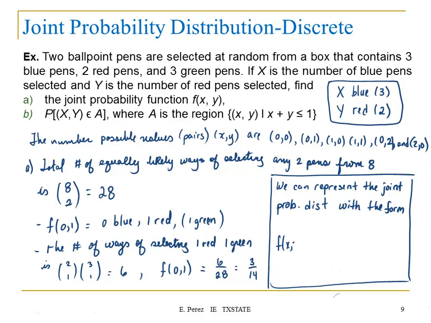F of x, y will be equal to the combination of 3 choose x, times 2 choose y, times 3 choose 2 minus x minus y, divided by 8 choose 2.